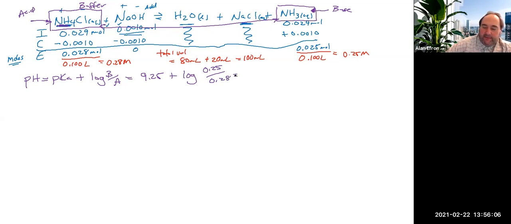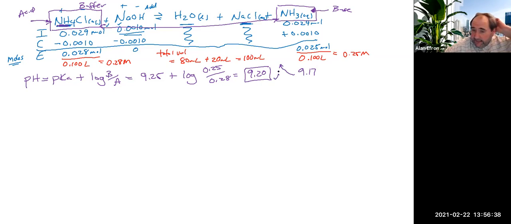And in this particular case, that will get you 9.20 as our pH after we added the sodium hydroxide to it. We can make sure it makes sense because before we added it, we were at a pH of 9.17. We added base, the pH went up. So that does make sense in this particular case.